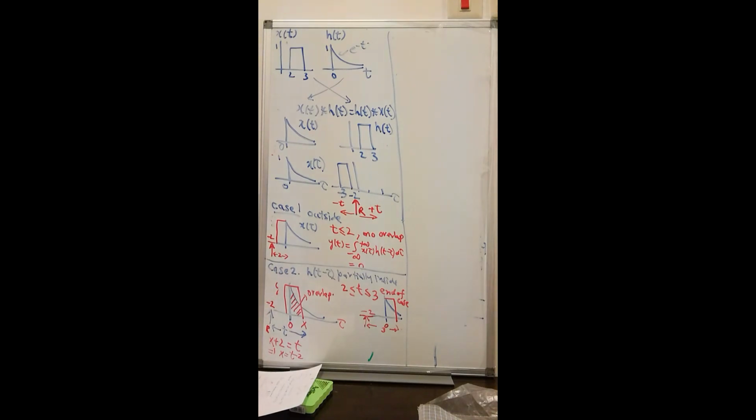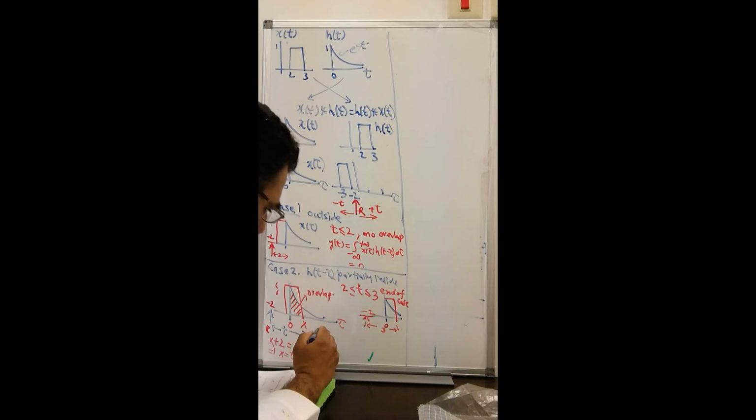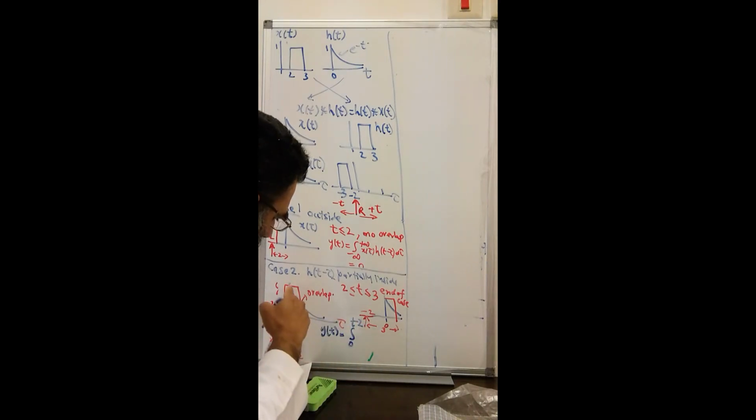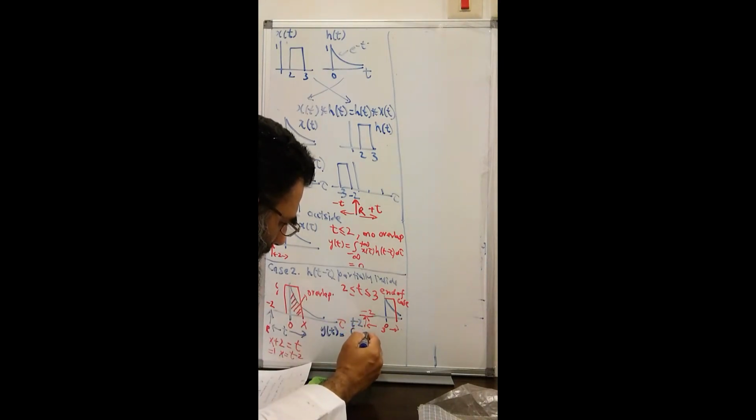Now let us compute this integral. y of t will be equal to the integral from 0 to x, where x is t minus 2, of e raised to the power minus tau d tau.